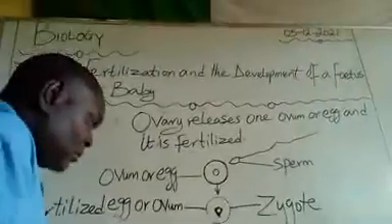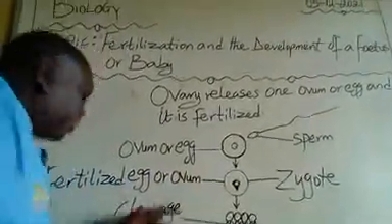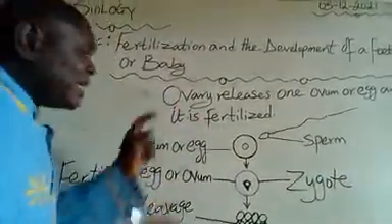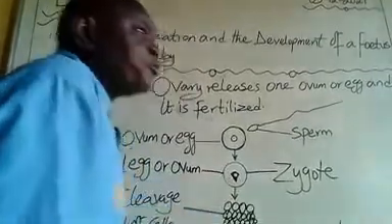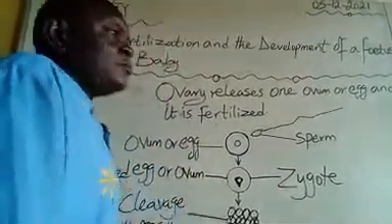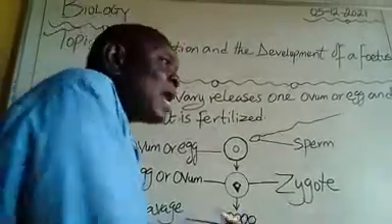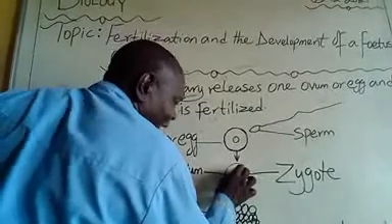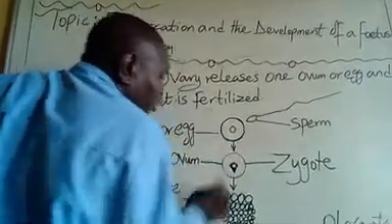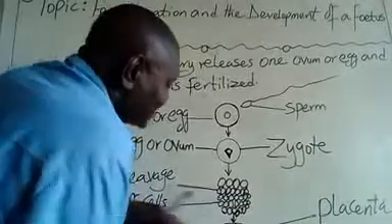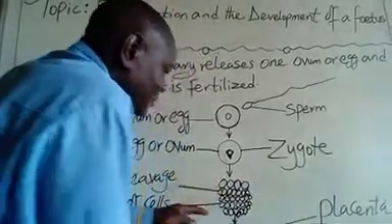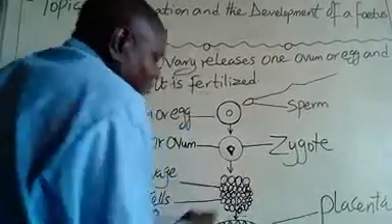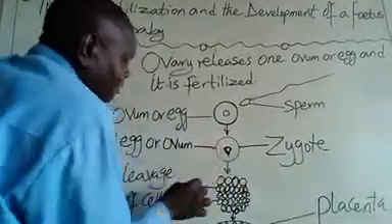Okay. There's what you call cleavage. Cleavage is the splitting of original cell into smaller cells. Now that we have gotten a fertilized egg, for you to have all these smaller cells, there is what you call cleavage.